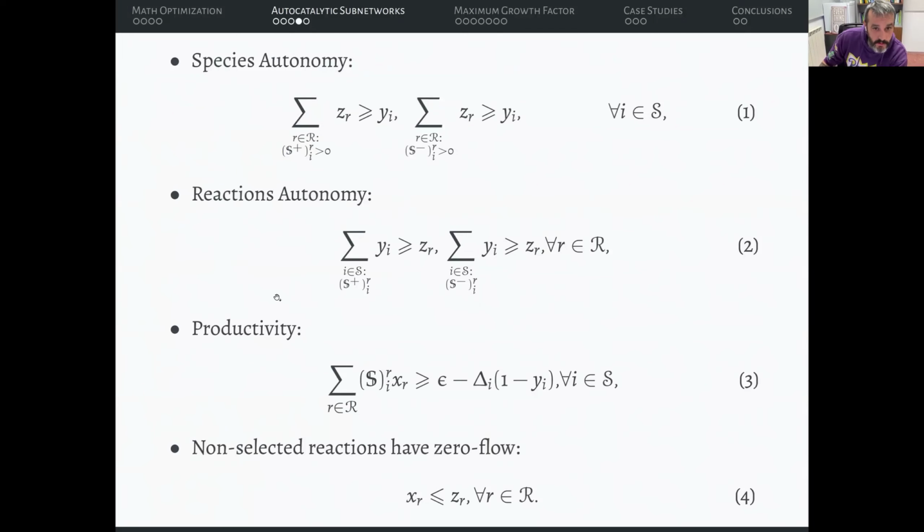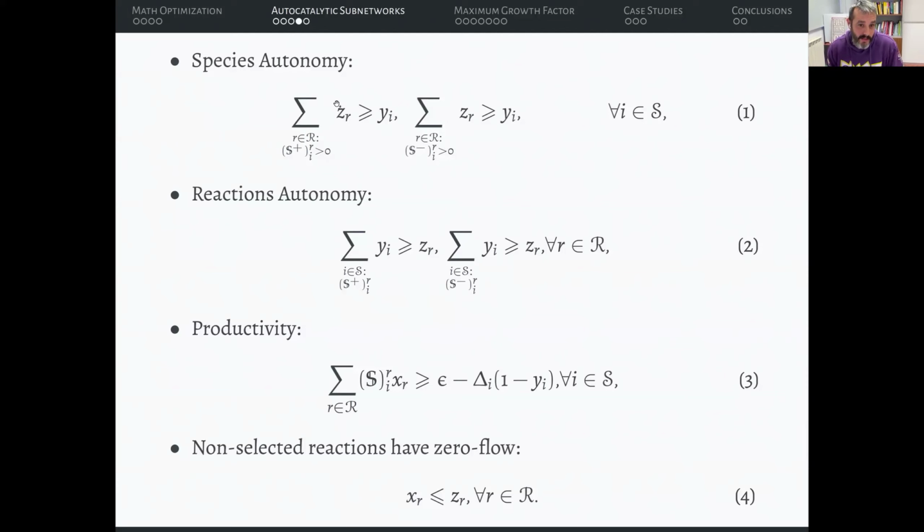So the first condition, which is species autonomy, is that for each species these two equations must be verified. If the y variable is 1, it means that the autocatalytic species is selected.